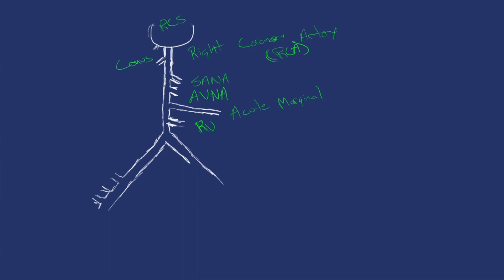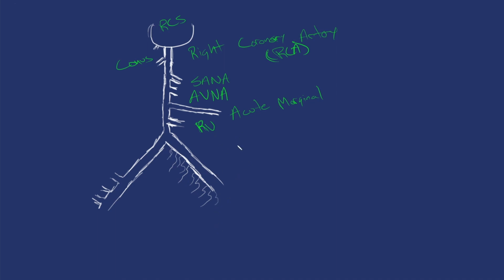So at this bifurcation, we go to two major branches. So we'll have the one branch, and it's going to be noted because it's going to have what are called septal perforators. And we're going to see these guys, they're like little fingers, right? So you see here we have all these branches, they're kind of big. These are like little fingers that penetrate down.